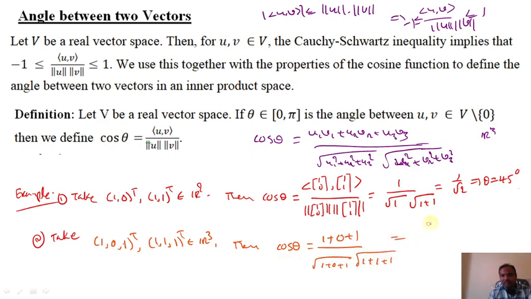So 2 divided by root 2 into root 3. The root 2 cancels, giving root 2 by root 3, that is root 2 by 3. Therefore theta equals cos inverse of root 2 by 3. This is one. So, the angle depends on the inner product.